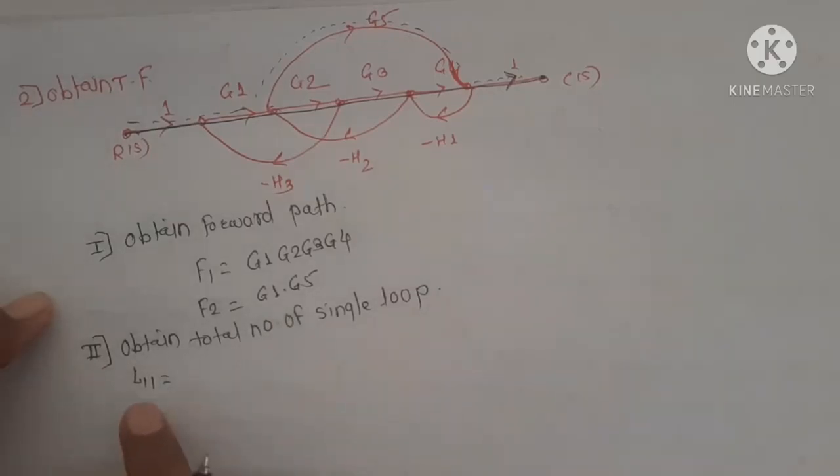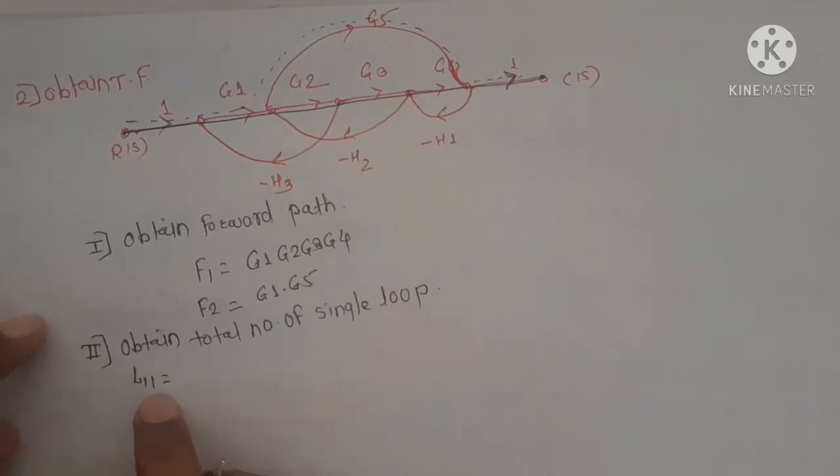Here the first subscript stands for the first loop, second loop and so on, and the second subscript stands for single loop. Means the second subscript will always be 1 for single loops, and according to the number, the first subscript changes.